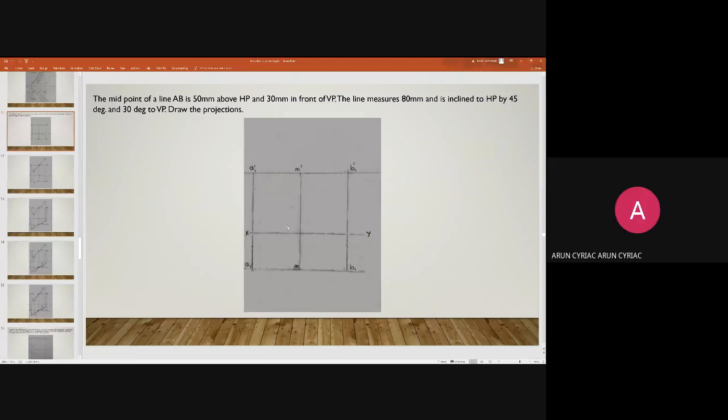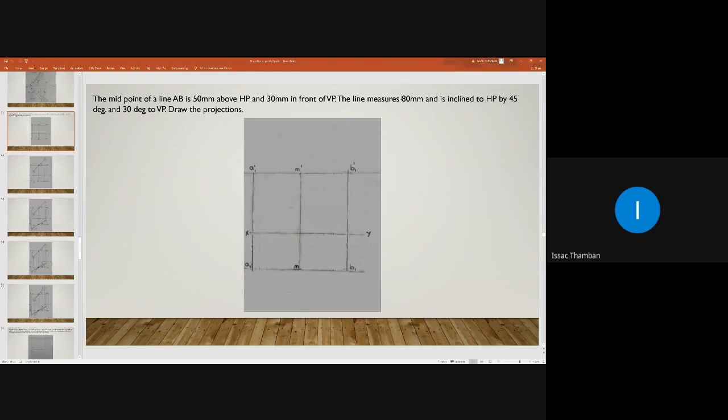Yes, sir. Okay, then here we are assuming that the line is parallel to SP and VP. If a line is parallel to SP and VP, then what are the specialties? It should reveal its true length in the elevation and in the plan. The true length of the given line is given, isn't it?